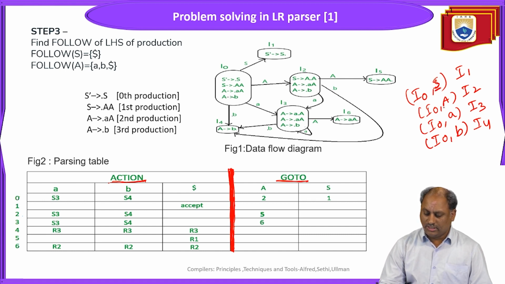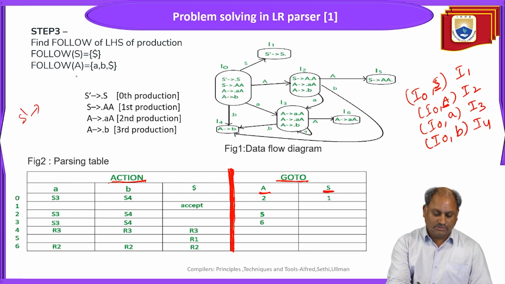Now these S and A are called non-terminal variables. On the goto part side, we have to write all the non-terminals in the given grammar. What is the given grammar? S derives dot S, S derives dot A, A derives dot a A, A derives dot b.